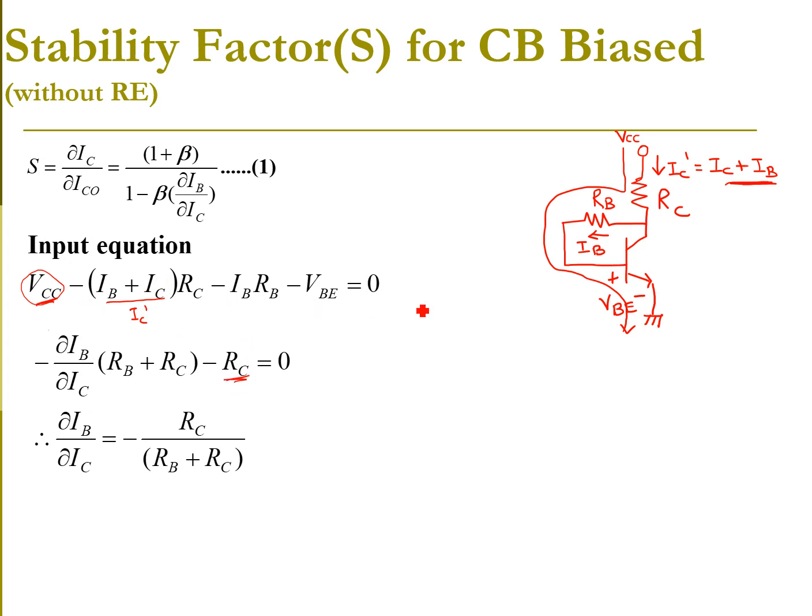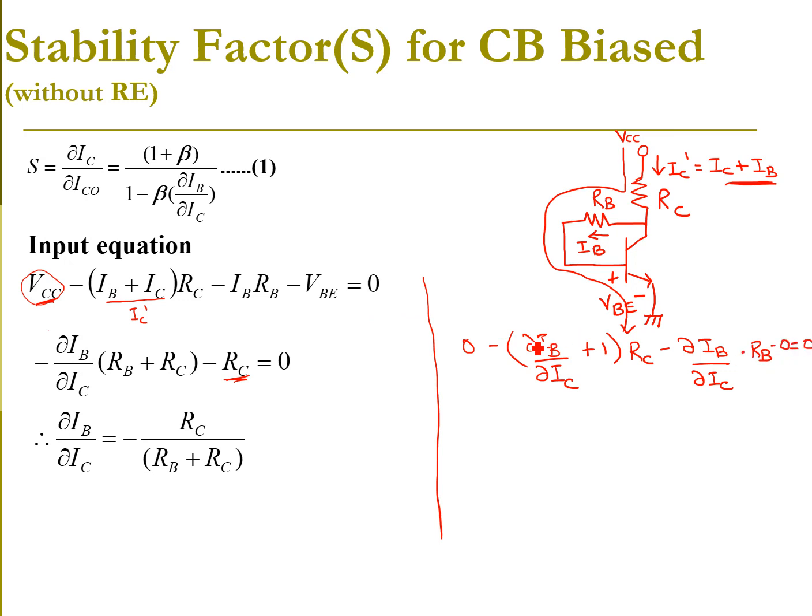Let's do it over here, the differentiation part. So it is 0 minus del IB by del IC plus 1 into RC minus del IB by del IC into RB. For VBE, differentiation will be again 0, minus 0 is equal to 0.